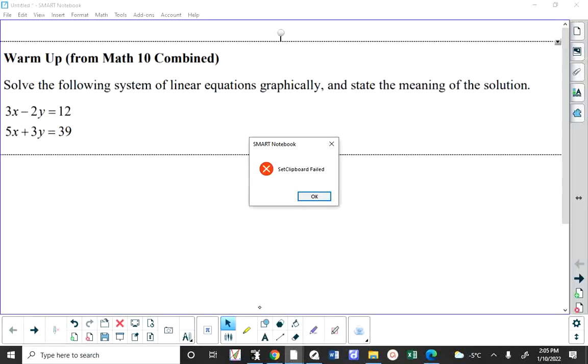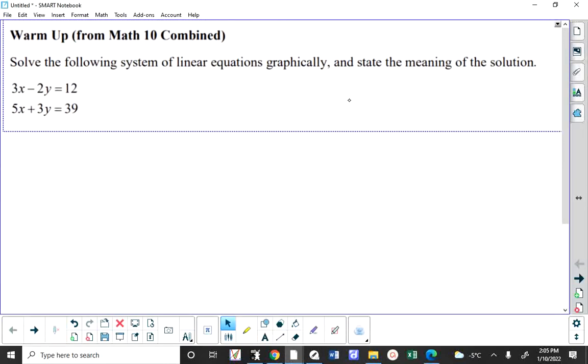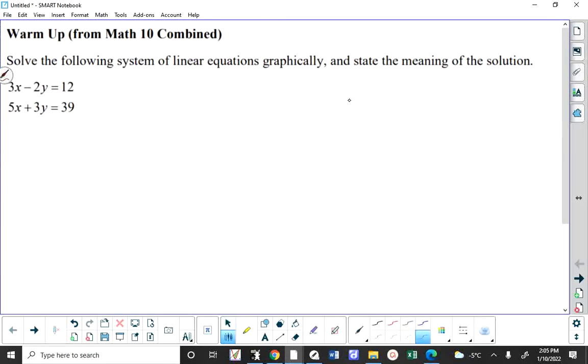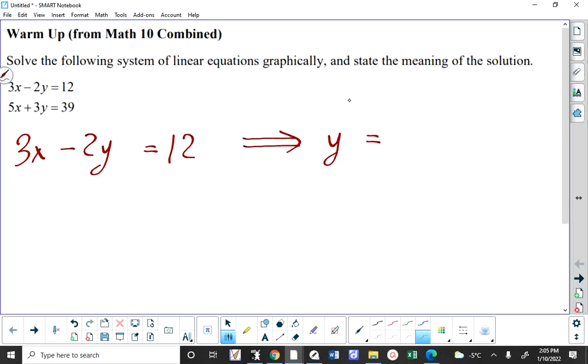And I want to spend some time explaining to you what this is actually about by talking about each of these equations separately. So let's take 3x minus 2y equals 12, and let's rearrange it for y. We're going to rearrange that equation for y because that's how we enter things into our graphing calculator.